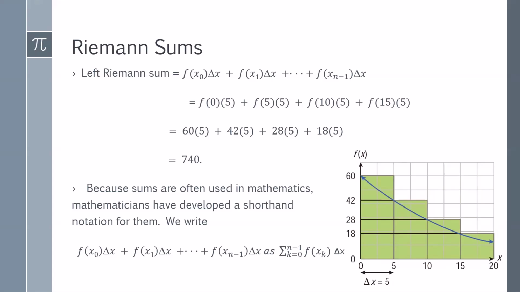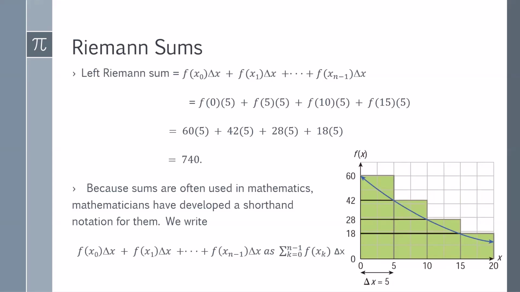Now, we use these sums so often in mathematics that we've got shorthand for them. In this case, f of x0 delta x plus f of x1 delta x, and so on to f of xn minus 1 delta x. We say that that is the sum where k starts at 0 and goes to n minus 1 of f of xk times delta x.